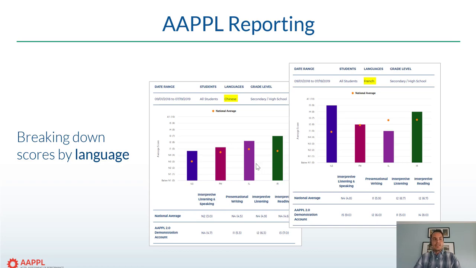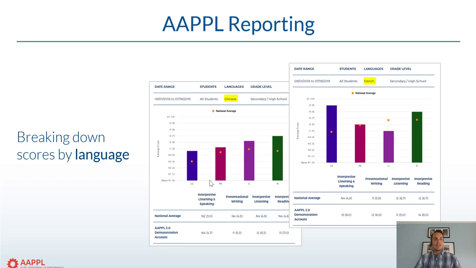Again, super interesting to see it separated out by skill like that, because I'm able to really delve into the data and figure out where my students are first and foremost excelling, and second of all, where they might need a little bit of help to even out the proficiency levels across modes of communication.